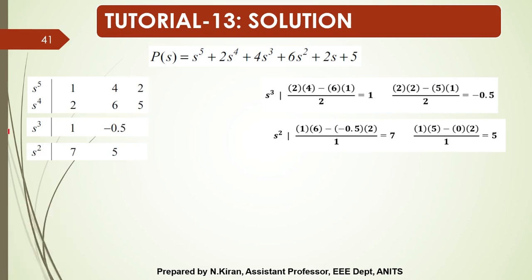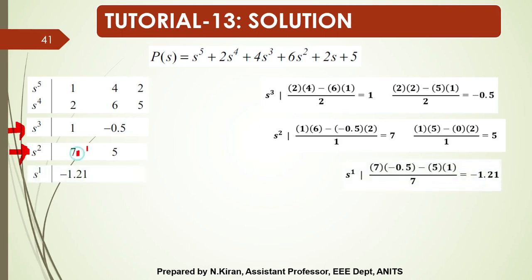Now considering s cube and s square, in order to find the elements corresponding to s power 1, using the formula we will find 7 into minus 0.5 minus 5 into 1 divided by 7, which gives the value minus 1.21. Obviously there will be no other elements because the elements here are 0 and 0, so I will not get any terms here.